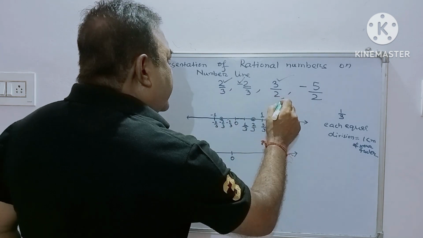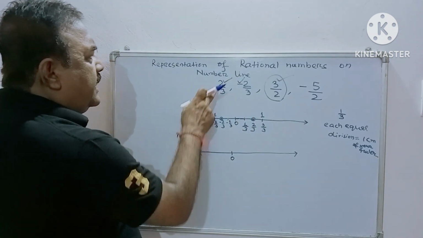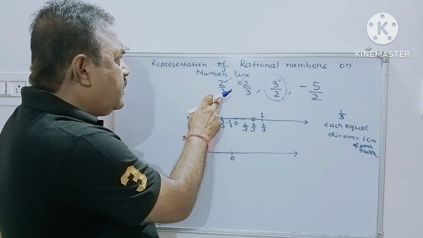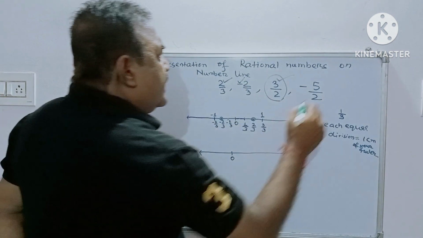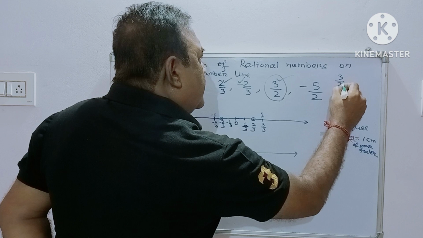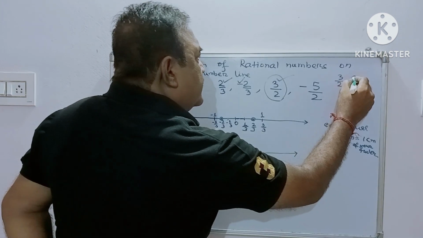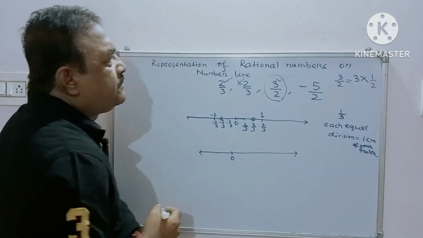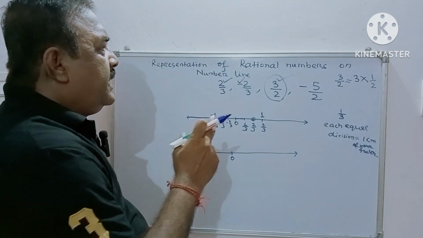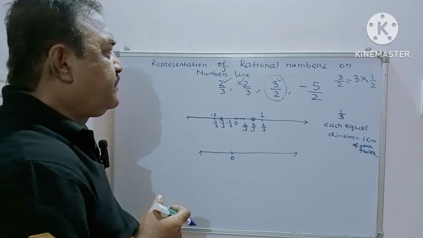And you see here the numerator is greater than the denominator, whereas earlier the numerator was less than the denominator. So what do we do here? Now you see 3 upon 2 is equal to 3 into 1 upon 2.